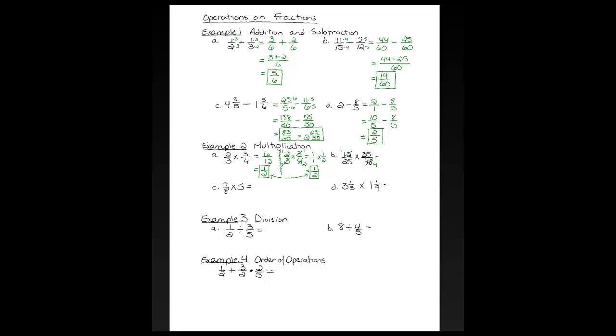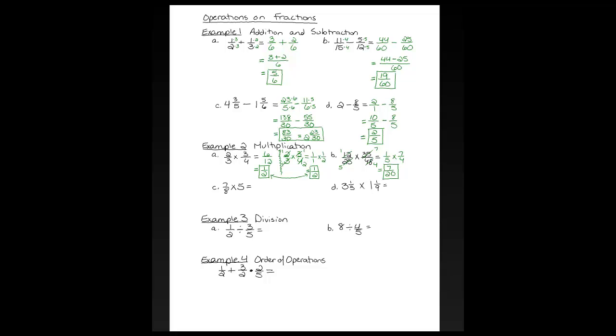The 25 and the 35 are both divisible by 5. 25 divided by 5 is 5. 35 divided by 5 is 7. So this becomes 1/5 times 7/4. 1 times 7 is 7. 5 times 4 is 20. The answer is 7/20.